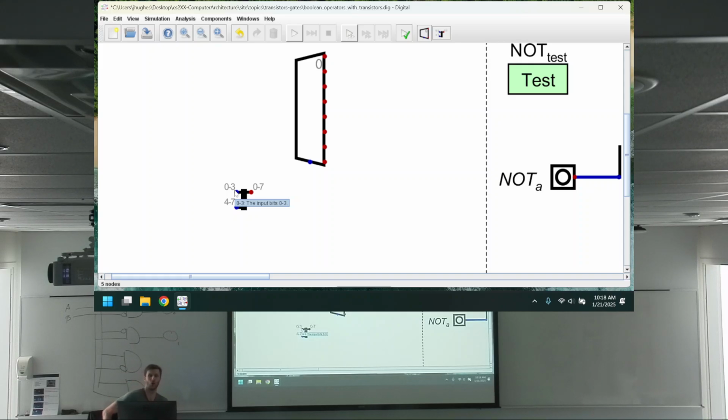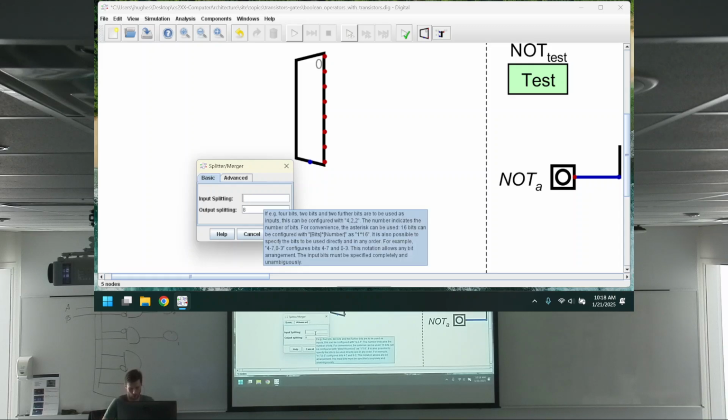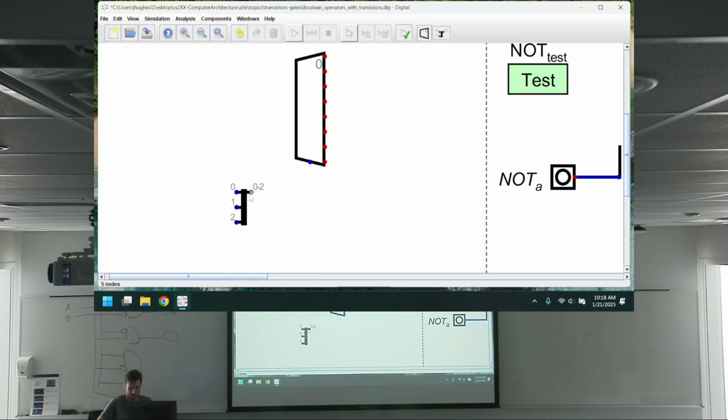What we want is 3 1-bit signals to produce one 3-bit signal. So we just go here and we say we want 1, 1, 1, and we want that to be 3. And then you would do that. So this is 0, and this now has 0, 1, and 2. Those are the 3 inputs, and then we can have 3 inputs control these things.